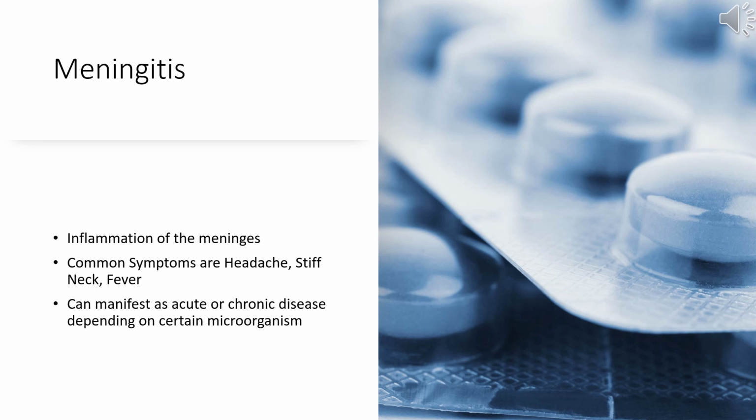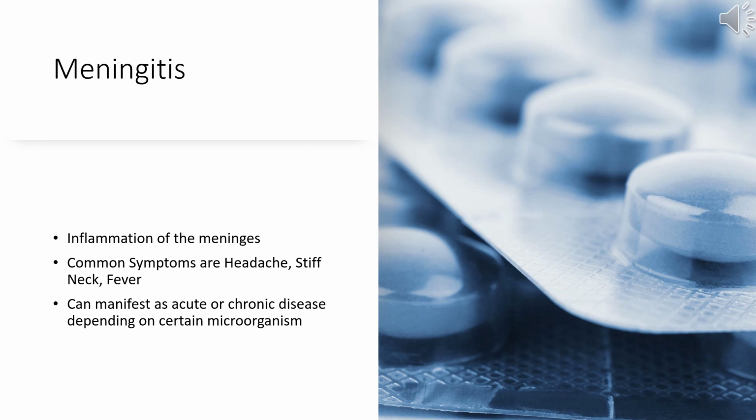Moving on to one of the more common diseases, after we just completed all of the nervous system defenses, let's see what it's defending our nervous system from. The most common one is meningitis, which is inflammation of the meninges. The common symptoms are headache, stiff neck, and fever.